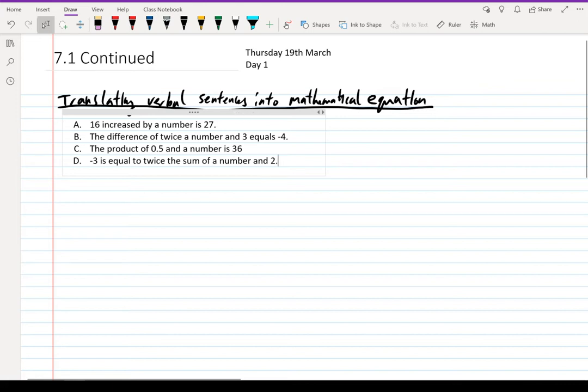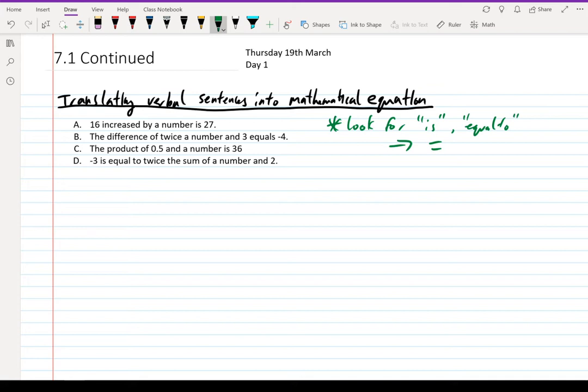Each of them we have to translate into a mathematical equation. Now the most important part when translating into a mathematical equation is to look for the "is" and "is equal to". Those are going to be your equal sign. Usually look for that.